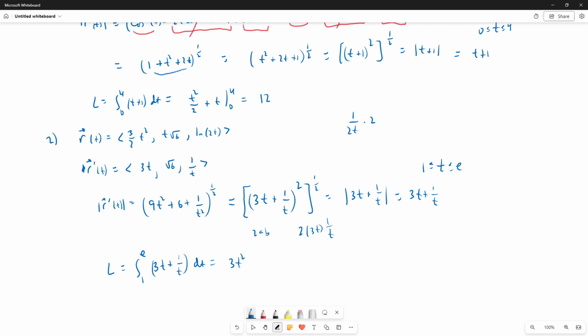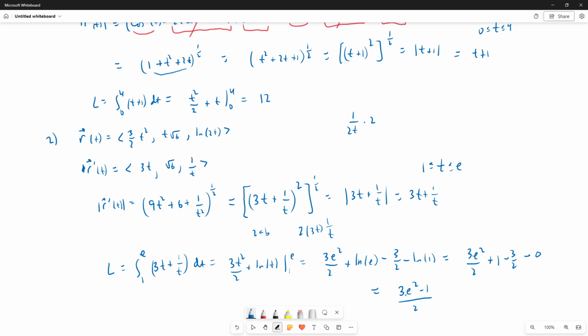And that's 3t squared over 2 plus the log of the absolute value of t from 1 to e, which is 3e squared over 2 plus the natural log of e minus the sum, plugging in 1, 3/2 plus natural log of 1. And this is 3e squared over 2 plus 1 minus 3/2 minus 0. And 1 minus 3/2 is minus 1/2. So we have 3e squared minus 1 quantity over 2. So there's the length of our curve.